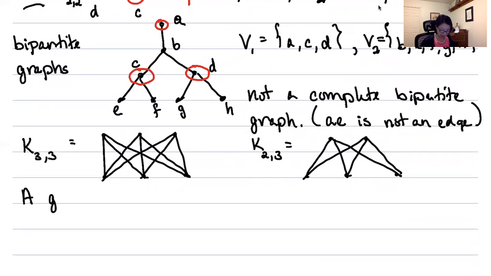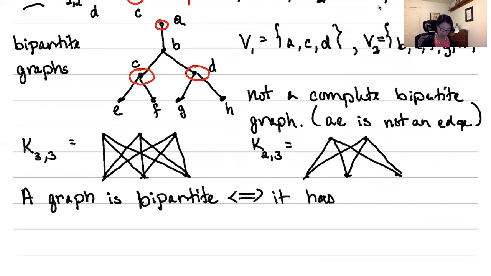A graph is bipartite, I claim, if and only if it has no odd length cycles. Certainly, if it is bipartite, then it can't have what we call an odd cycle.